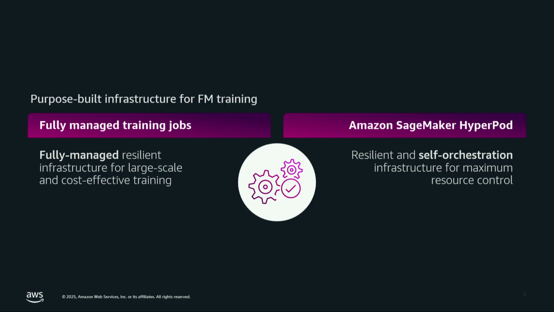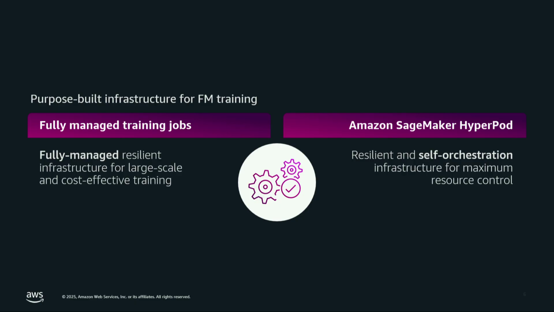So now that we've understood the progression of the customization techniques, let's get into how you can do this with AWS. Especially for Nova models, we have two offerings: SageMaker Fully Managed Training Jobs and SageMaker HyperPod.